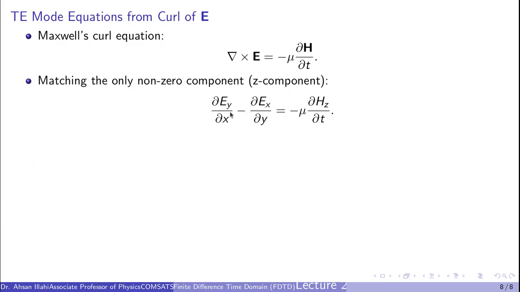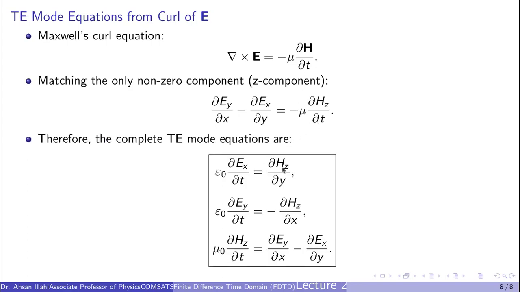Matching these gives us the third TE equation, which is partial Ey by partial x minus partial Ex by partial y is equal to minus mu partial Hz by partial t. Putting all three together, we get the complete TE set. These equations are what the FDTD method will discretize on the Yee grid. This is the heart of 2D FDTD.